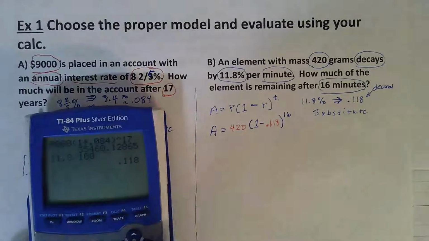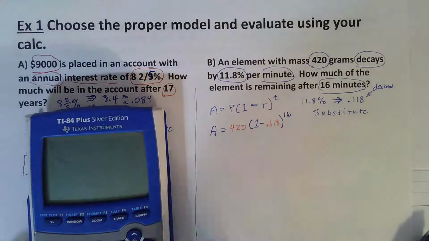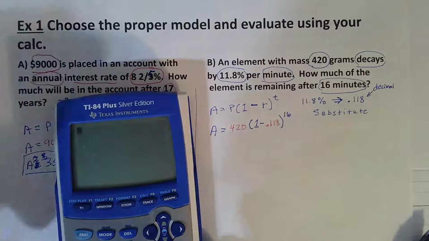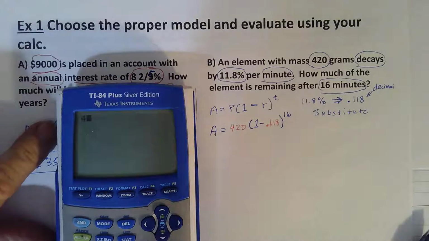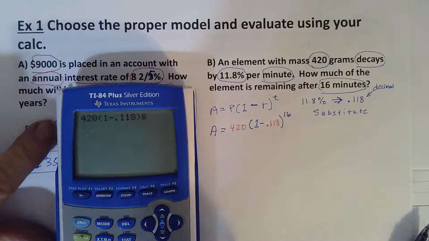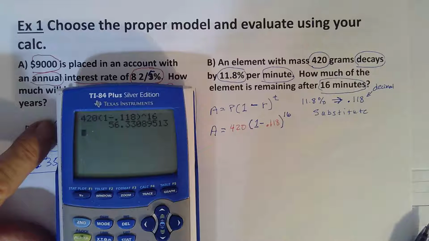Put it in your calculator. So let me clear this. I'm going to type 420, and then parentheses, 1 minus 0.118, close the parentheses, and then put in your little caret for the exponent, type in the 16, and hit enter.